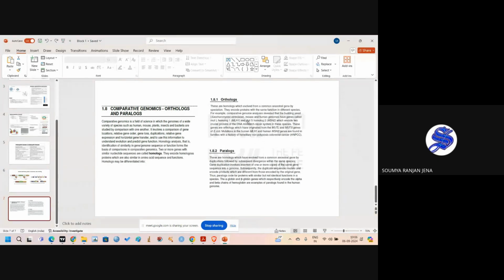MLH1 and MSH2 are very important proteins that recognize mismatches in our body during the replication process.